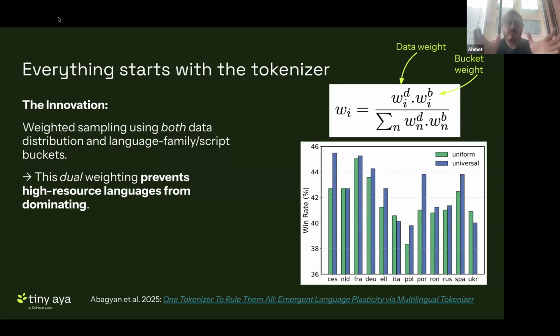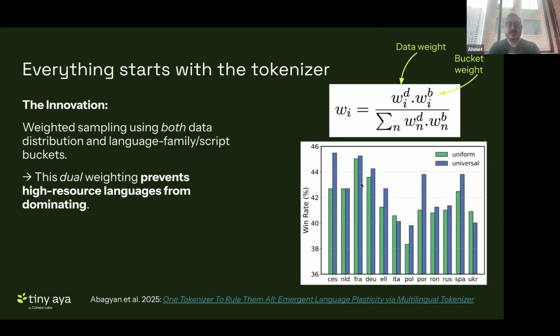Here we take a formulation, and you can see the details in the technical report, but more importantly, we take 2 priors and combine them. We take a prior from the data weights, from the training data, but we also bucketed the languages based on their language family and scripts, and take another prior from that distribution, so that we can combine them and get a balanced language distribution to train the tokenizer.